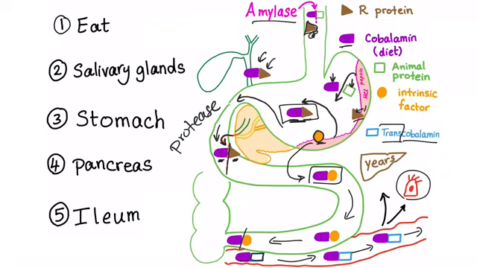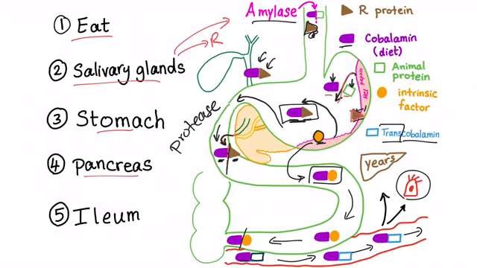So to summarize the steps, you eat vitamin B12 bound to animal products. The salivary glands produce amylase as well as the R protein. Also, the stomach produces what? It will sever the relationship between vitamin B12 and the animal protein. It will produce R protein. It will produce the intrinsic factor. Thank you, stomach.